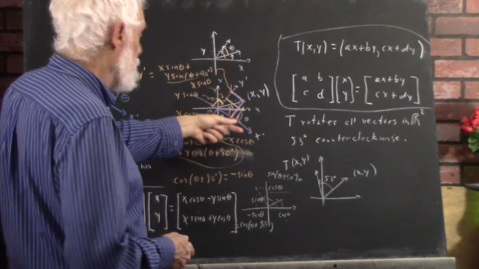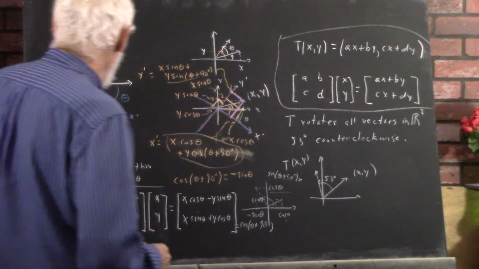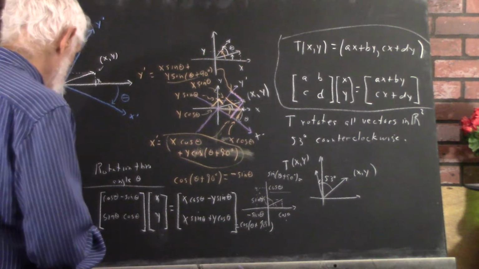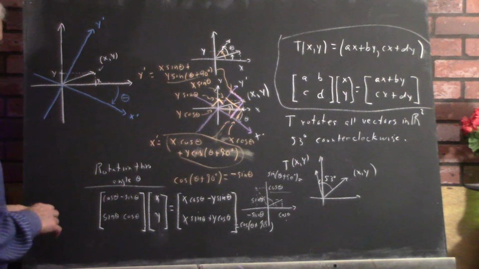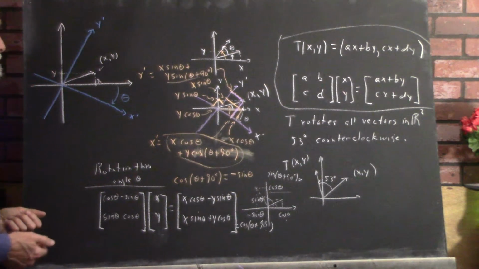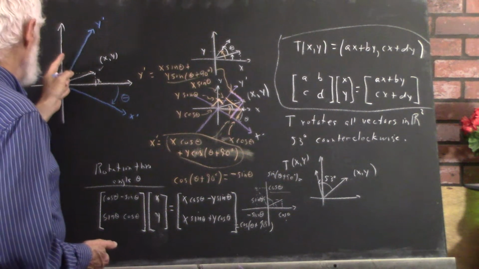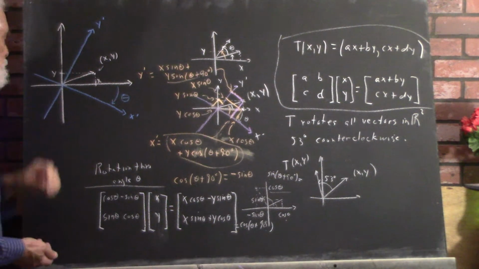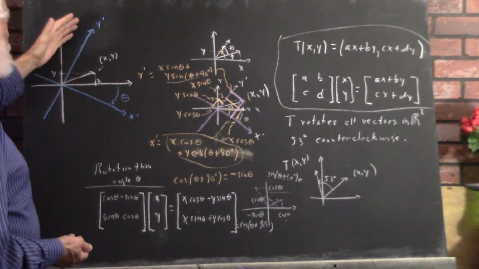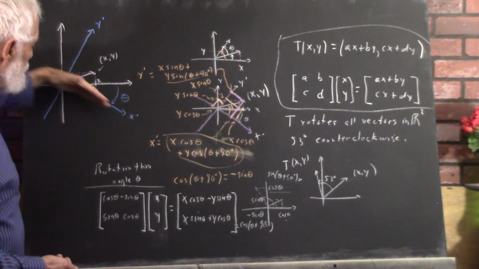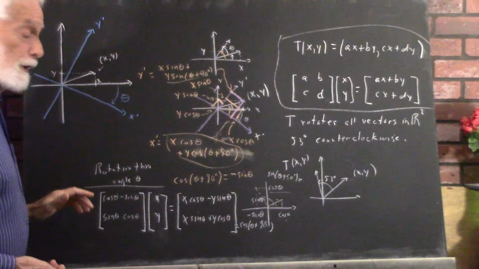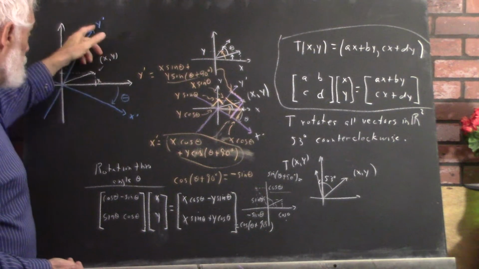Now this picture got a little bit mangled, so I've drawn another one and we'll construct this. Okay, so let's say that you want to rotate this vector through angle theta. Now what I do is I say, okay, well, let's just take a tilted xy plane and call this x prime and y prime.